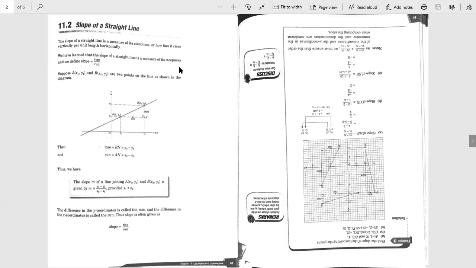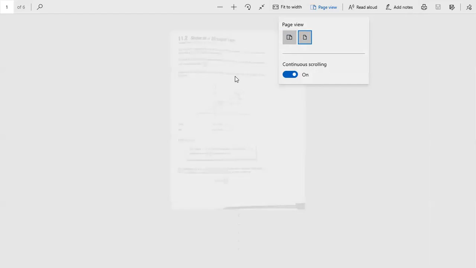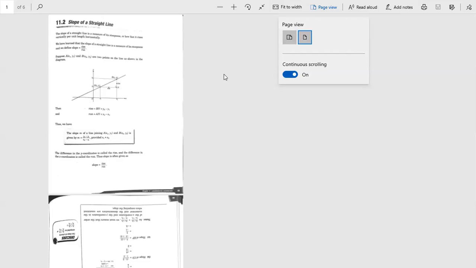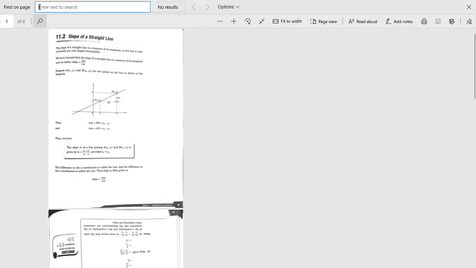All right, so we're gonna start with our... type 1 if you can see clearly for this page. Okay, so we're gonna start with our slope of a straight line.